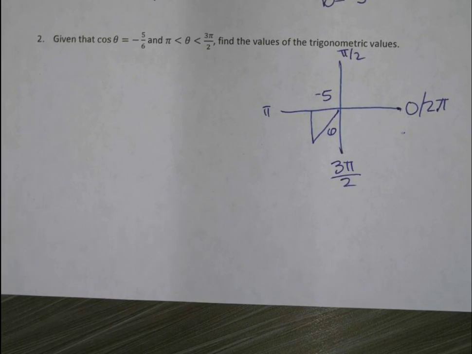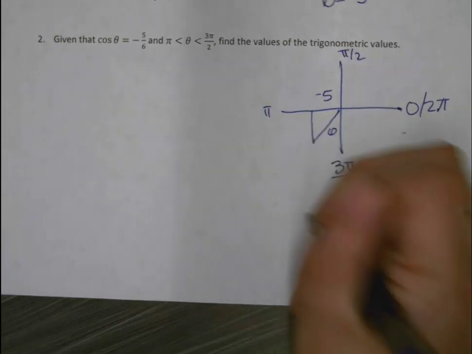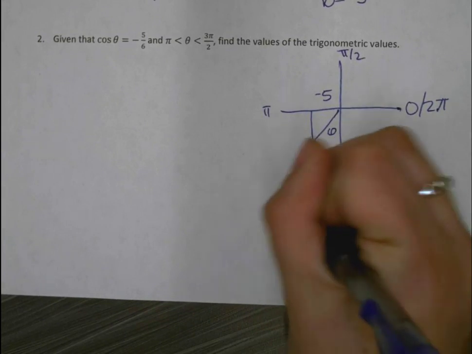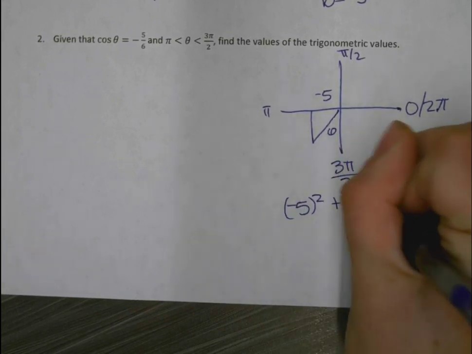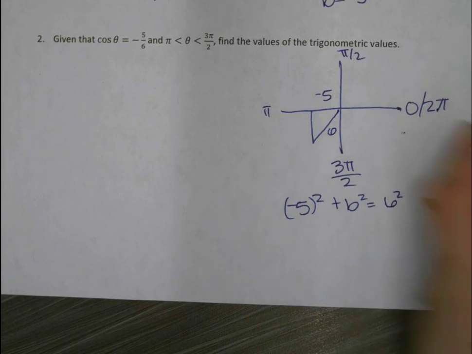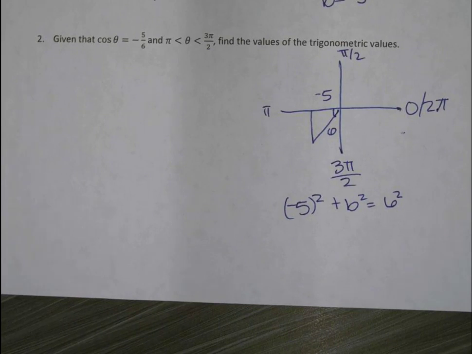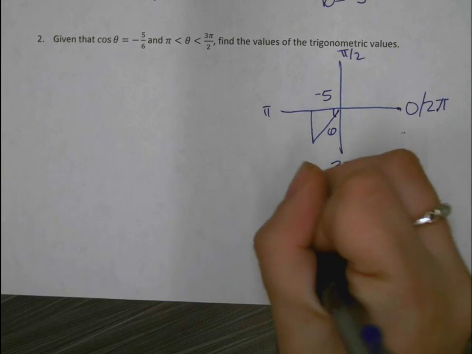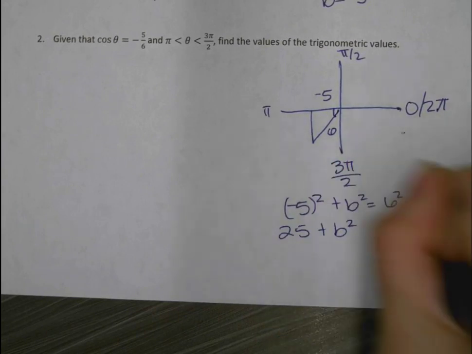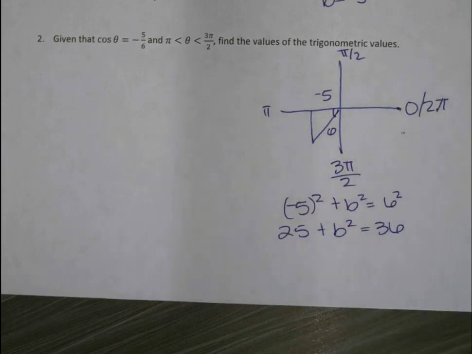Okay, so then I'm going to use the quadratic formula to find my missing side. Adjacent over hypotenuse. So the side right next to it and the one right across from it. That's a really ugly 6, I know.